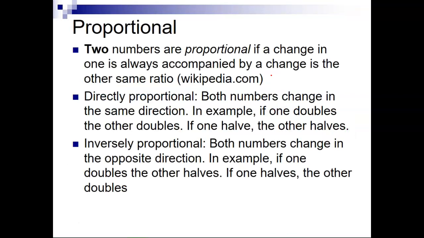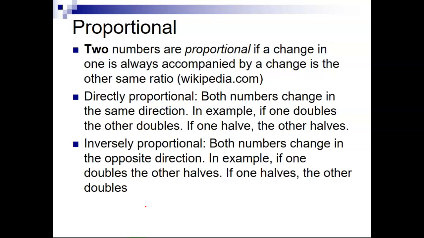So we use the term proportional. This means that if you have two numbers or more, if one changes, the other changes. They will go hand in hand. Directly proportional means that both numbers will move in the same direction.